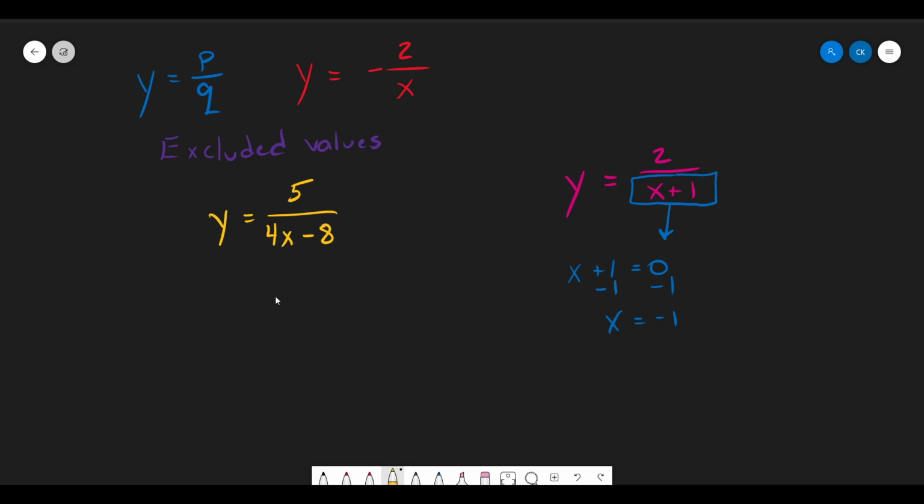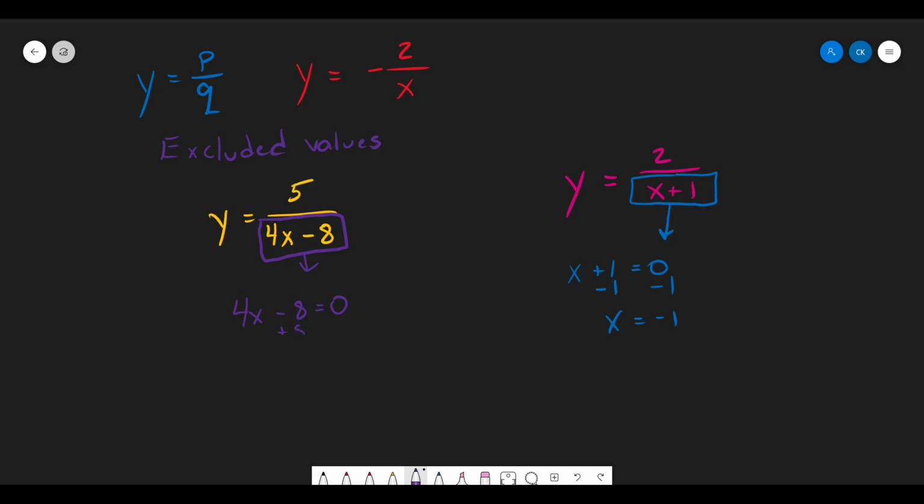And again, I say, all right, here's my rational function. Let's determine what my excluded value is. Like we said, I'm going to take the entire denominator, the whole thing, whatever's in the bottom, I'm going to set it equal to 0, and then I'm going to solve it.